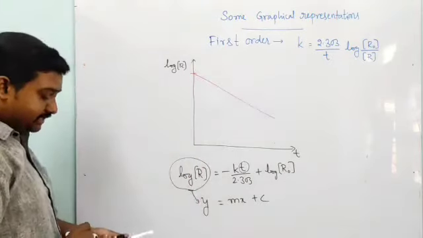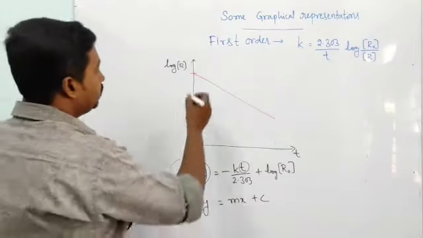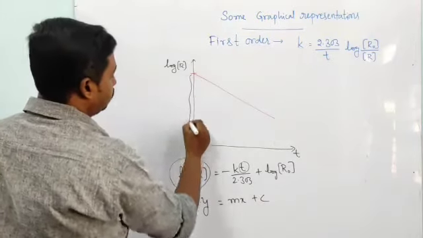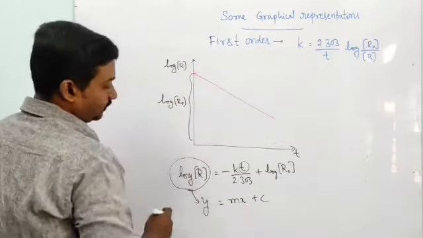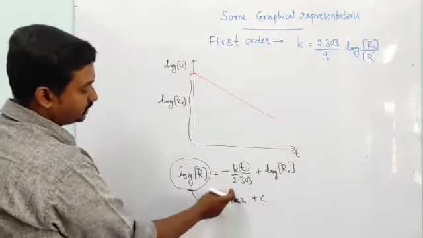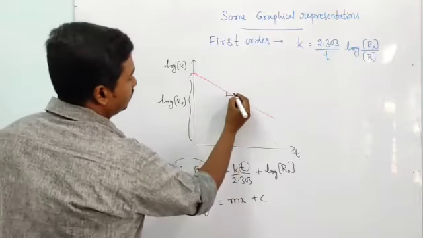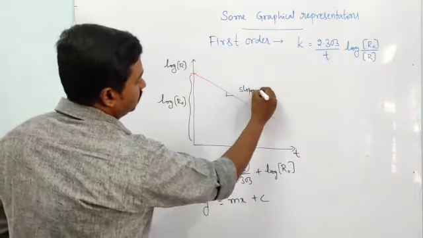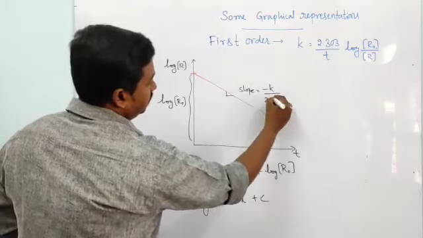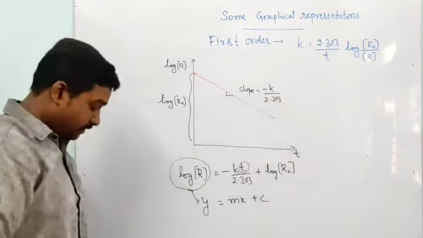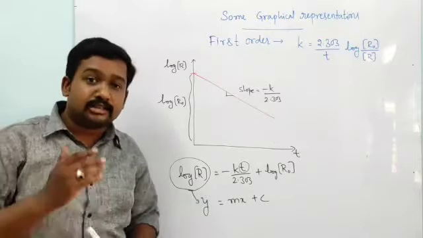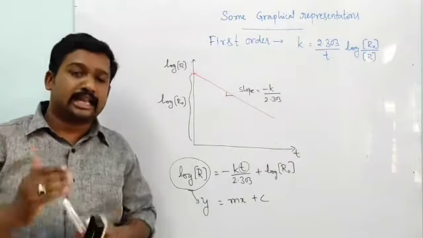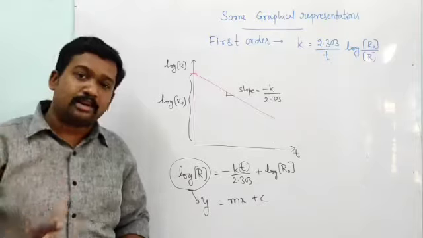It represents a straight line, and this intercept value will be log of R0. The slope of this line is equal to minus k by 2.303. Representation of the rate constant of a first order reaction in this manner helps you in answering some questions in competitive exams.